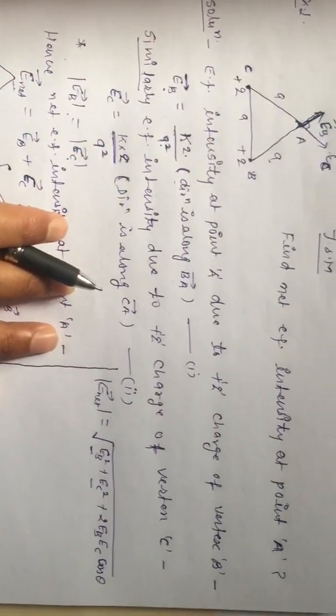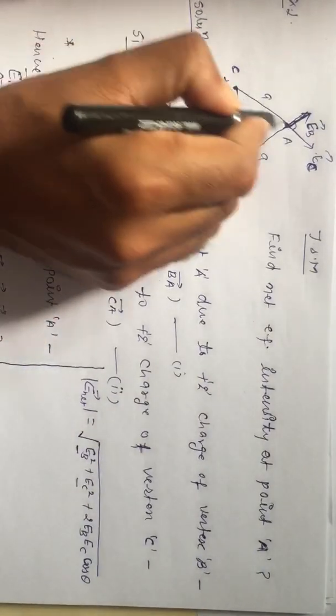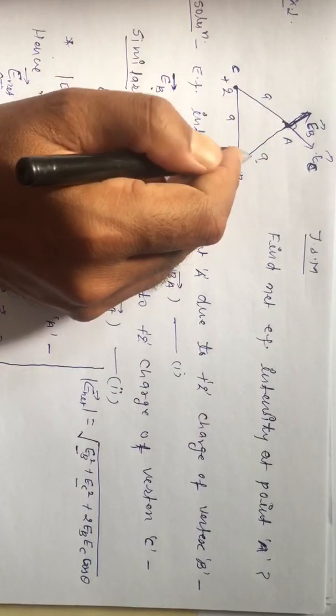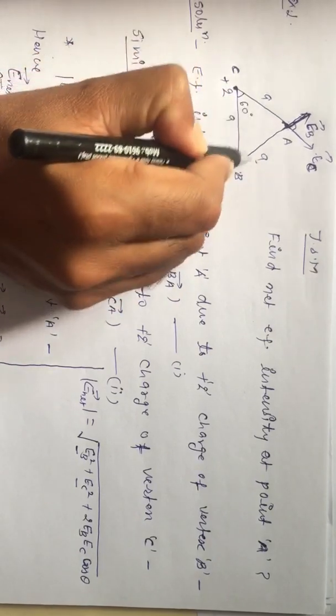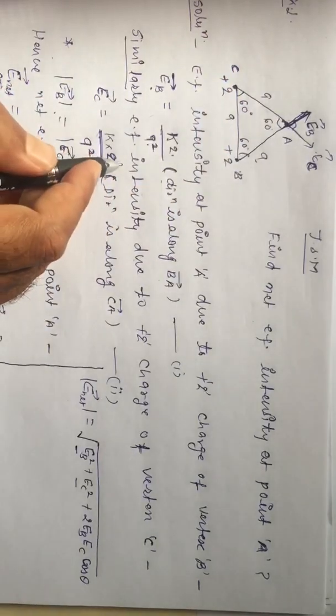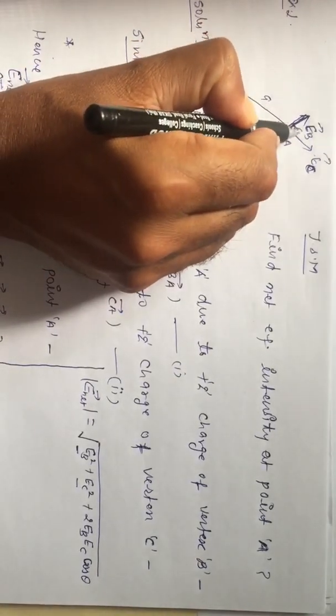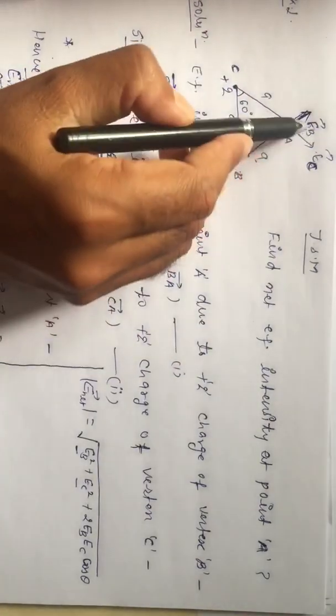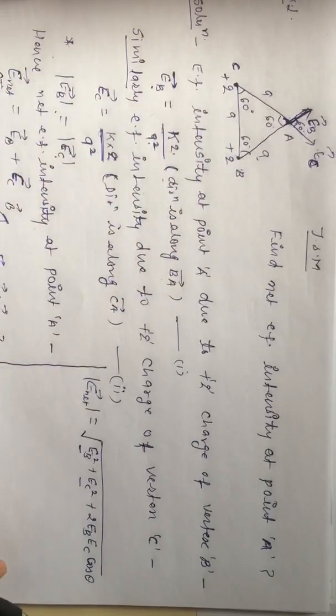Why is the angle theta 60 degree? Please focus. Because it is an equilateral triangle, and an equilateral triangle has each angle 60 degree. So this angle will also be 60, and the vertically opposite angle will equal 60. What is the angle between the EB vector and the EC vector? 60 degree.